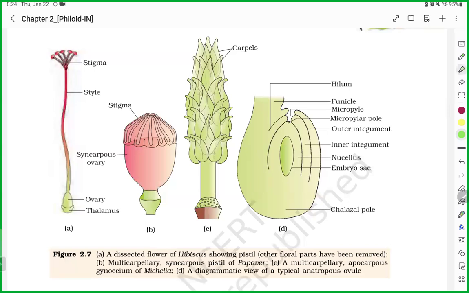In case of hibiscus, you have a single ovary and style, but there are multiple stigma, right? B is multicarpellary and syncarpous, as in papaver. So papaver has the syncarpous condition. Multicarpellary apocarpous is in michelia.